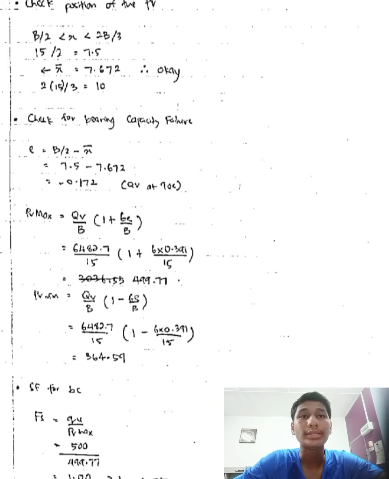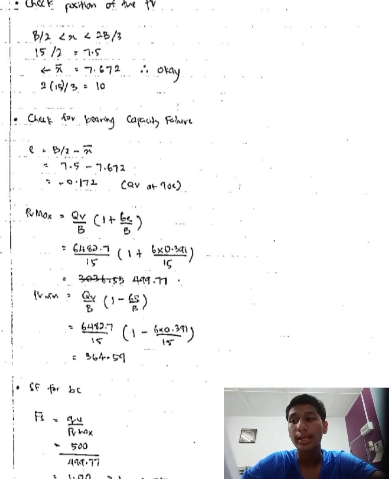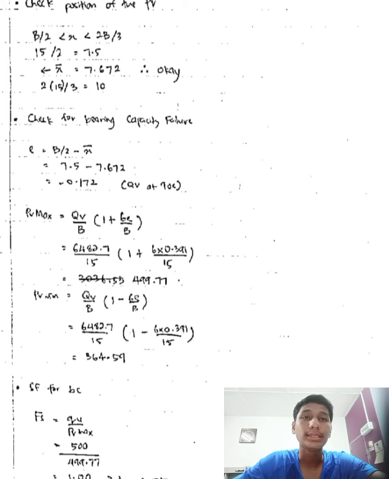And now we check for bearing capacity failure. We will use formula E equal to B per 2 minus X bar. So 7.5 minus 7.672, we'll get the answer negative 0.172.